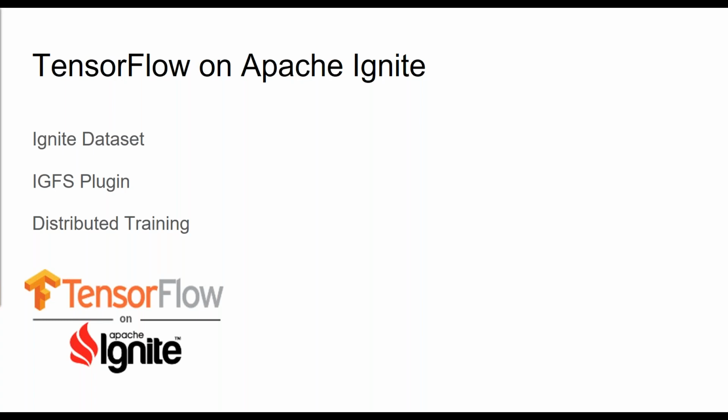But we support the feature of checkpointing for communication with TensorBoard. I think it's very important. And the distributed training makes it possible to run different model training instances inside the Apache Ignite cluster to minimize data transfers and provide so-called zero ETL.